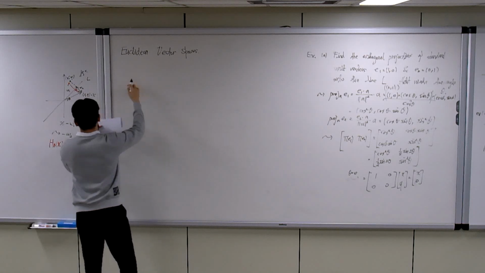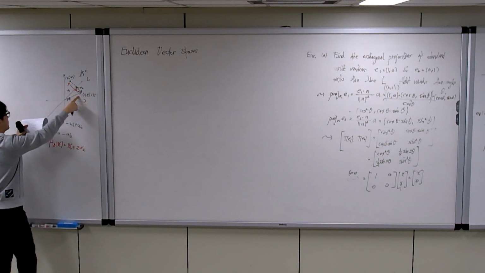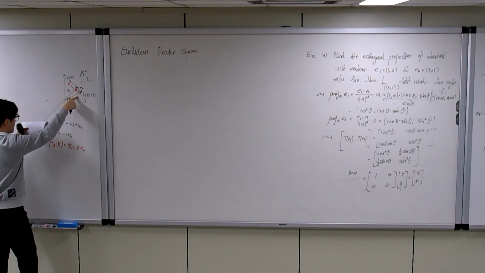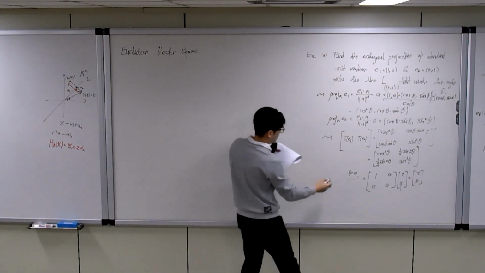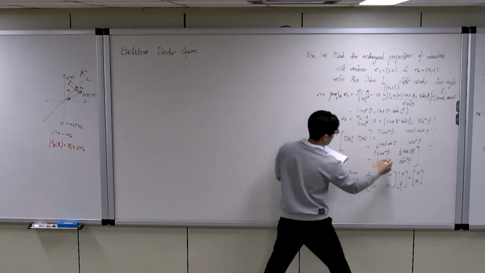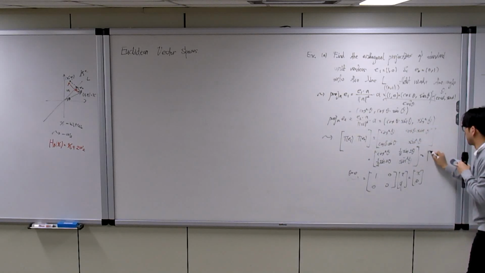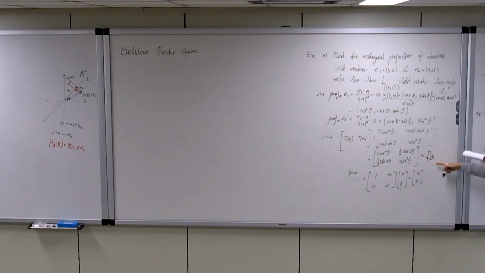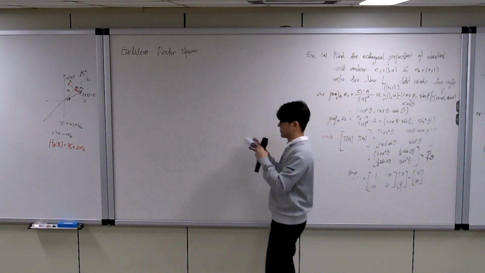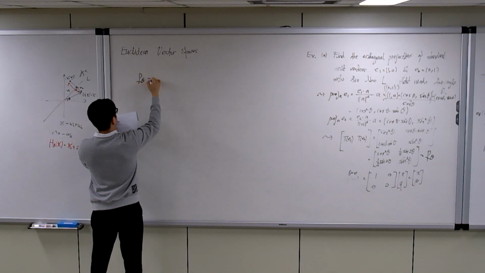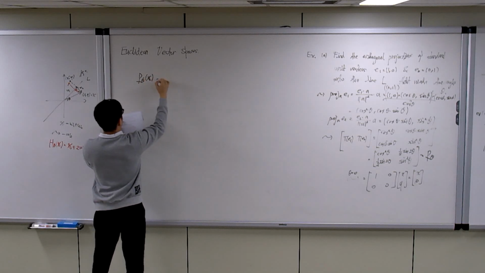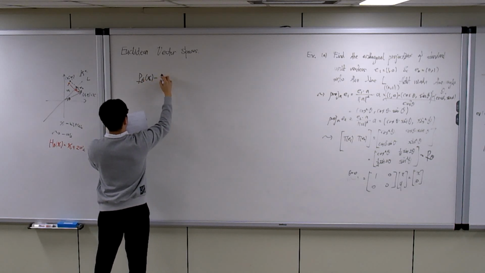Then it is the result of projection, and I will say the projection matrix is P sub theta, and so it gives the equation P sub theta of x vector minus x vector.